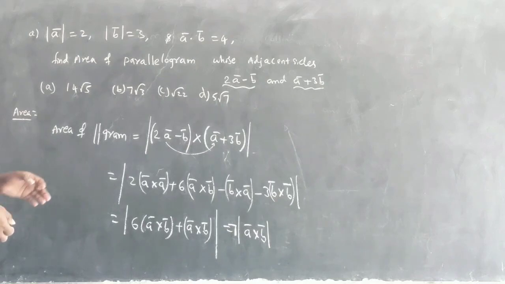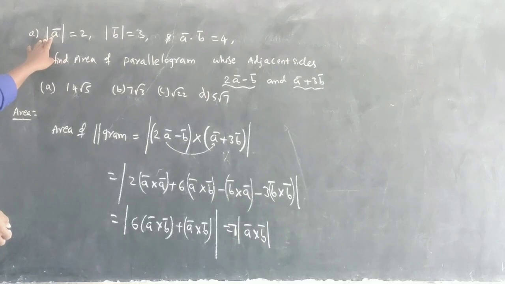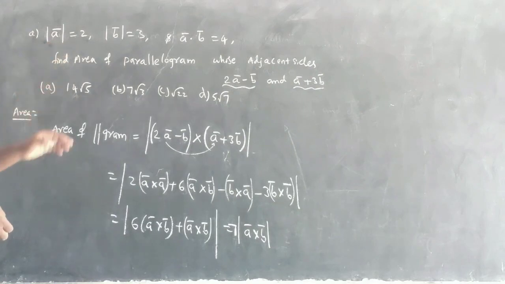Here in this question, they have not given any information about A vector and B vector directly, but they have given some conditions on them.